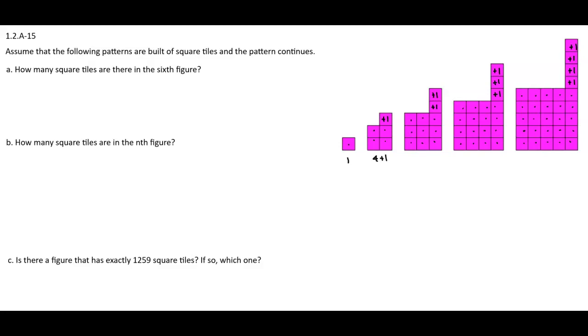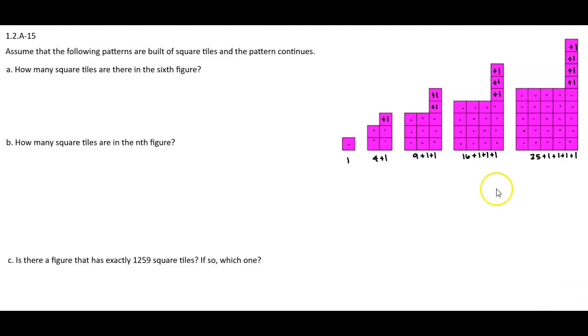And then here we have 9 squares, right? And then we're adding 1 and then another 1 from the additional one, right? And then we have 16, and now that's plus 1, plus 1, plus 1. And the next one we have 25, which is plus 1, plus 1, plus 1, plus 1.